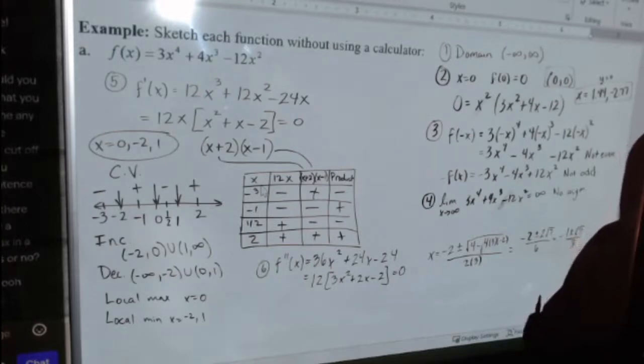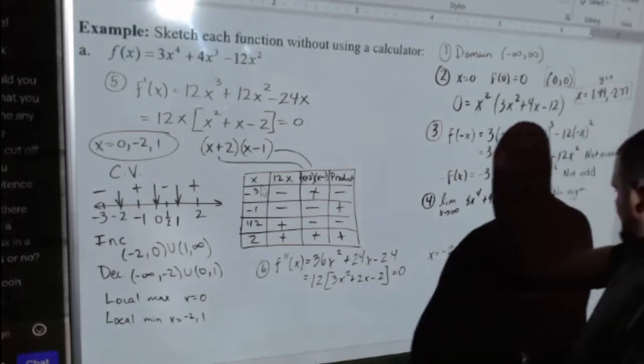So looks like -1 plus or minus √7 all over 3.